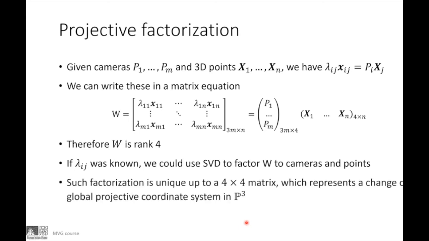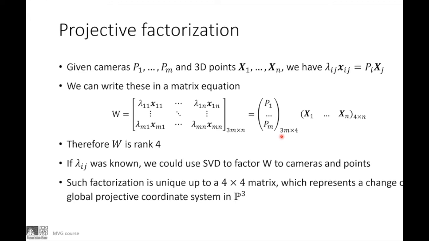Now, this factorization will not be unique, because you can multiply the cameras by a 4 by 4 matrix and the points by the inverse of that same 4 by 4 matrix. But that's not a problem because multiplying the cameras by a 4 by 4 matrix is just like changing the global projective coordinate space in P3.